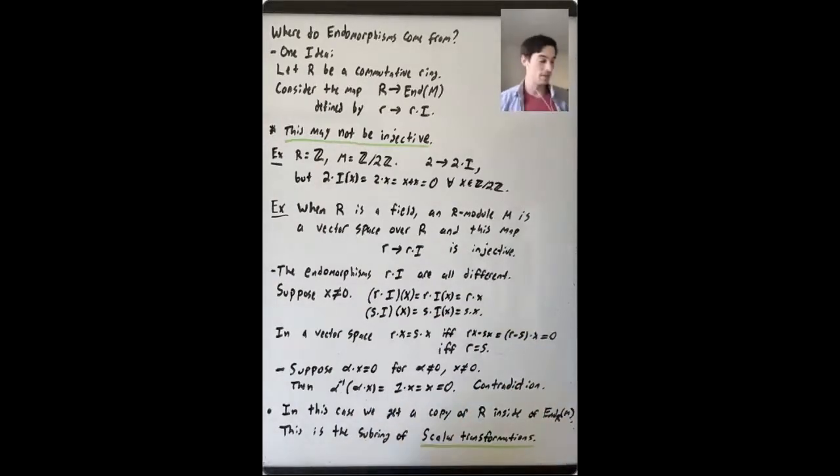And in a vector space, if x is a non-zero element and r times x equals s times x, what has to be true? You subtract, and from the axioms of a vector space, that is (r minus s) times x. So we have this vector must be equal to 0. But if x is a non-zero vector, that's true if and only if r is equal to s.